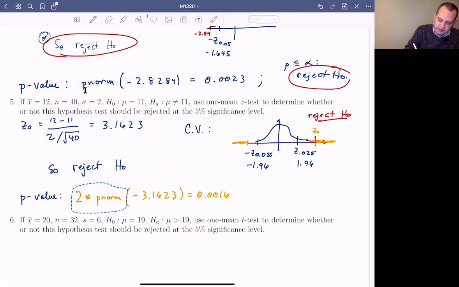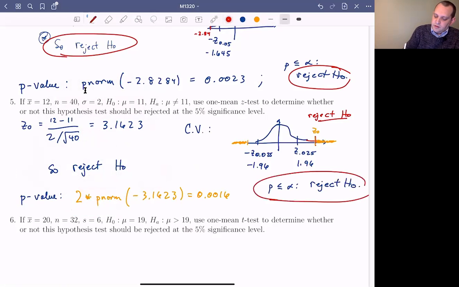Our p-value is less than or equal to alpha, so we're going to reject the null hypothesis. Either way we do this, whether it's the critical value approach or the p-value approach, we're going to reject the null hypothesis.